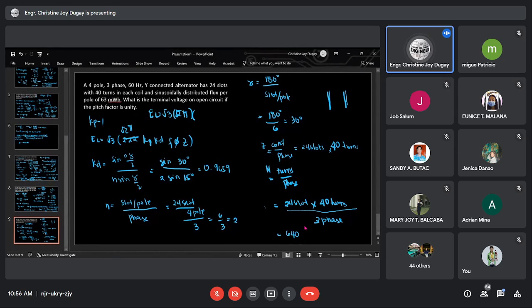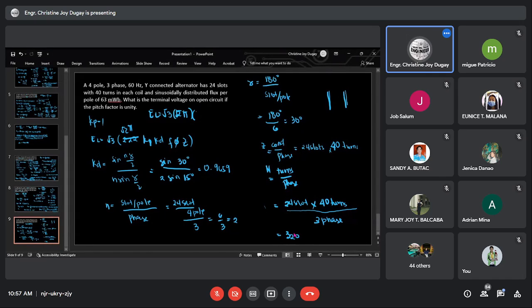So, that is 24 times 40. That is equal to ilan? Meron tayong 24 times 40 over 3. That is equal to 320. Tama? So, substitution, 2 pi, Kp natin is 1, pwedeng hindi ko na ilagay.